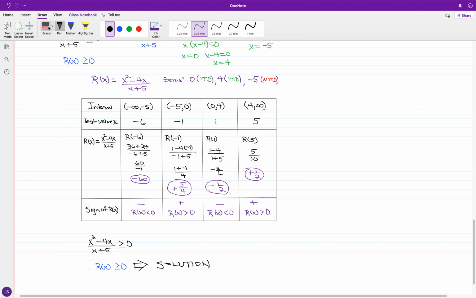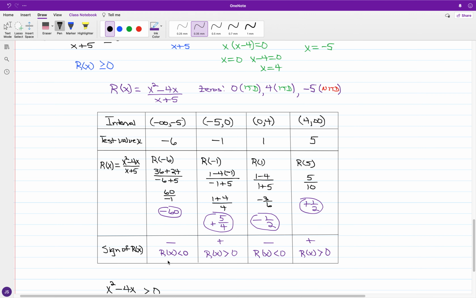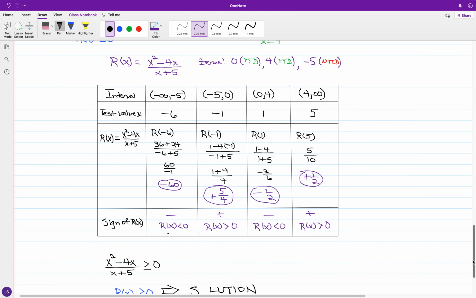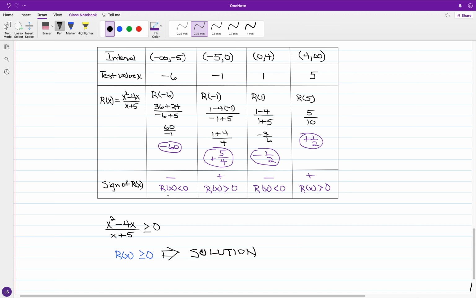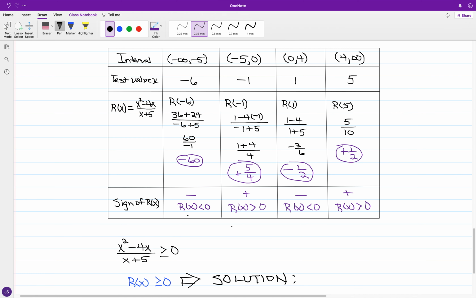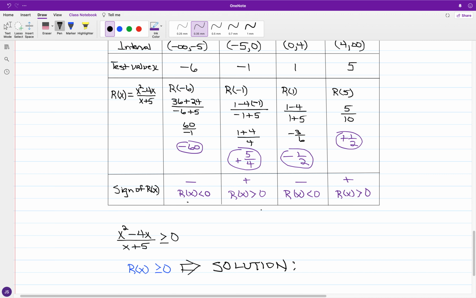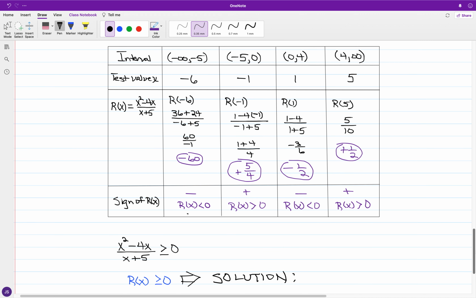Okay, so you have in the same directions where r of x is greater than 0, so we're involving the limits negative 5 and 0.